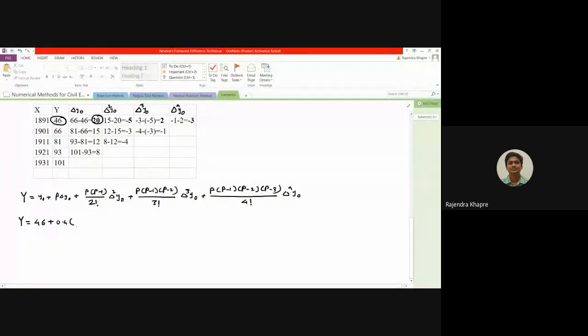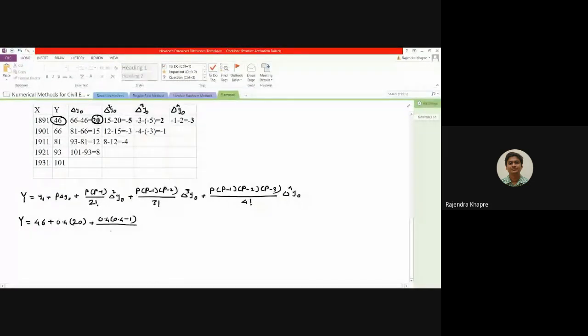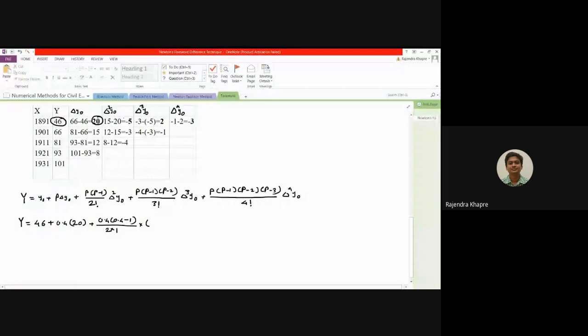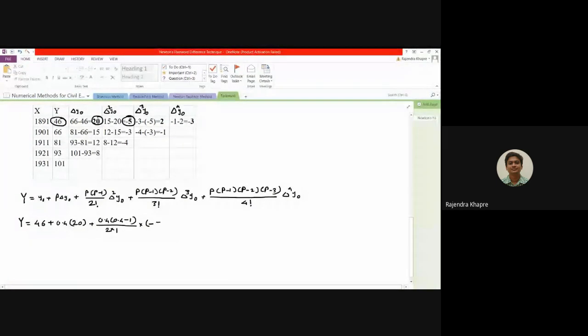Okay, the first value. Plus p value, 0.4, into 0.4 minus 1 divided by 2 factorial, which is 2 into 1. Now delta square y0 is this term, the first term, minus 5. So this will be minus 5.